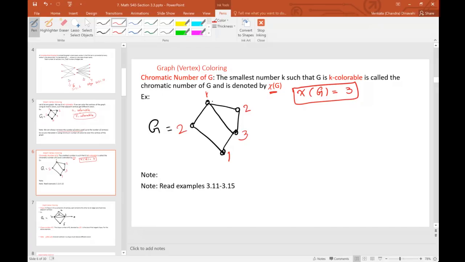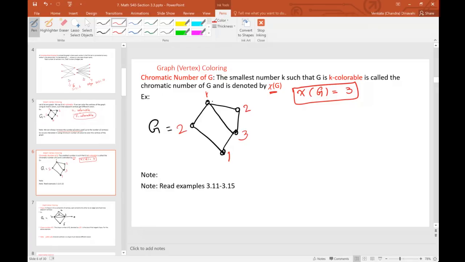For example, there is no student common between this class and this class, so both of them can have the final exam at the same time. That is a typical example. So the fewest number of colors means with at most 3 time slots you can schedule all the final exams.